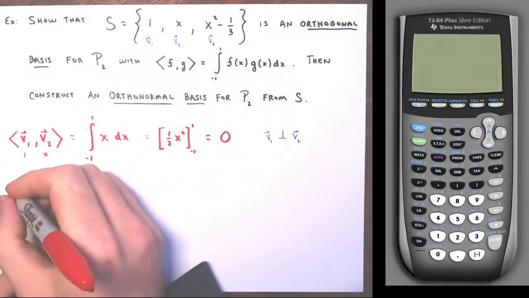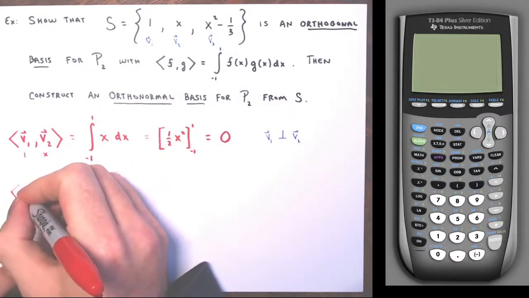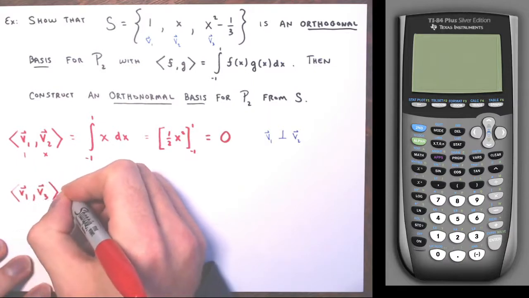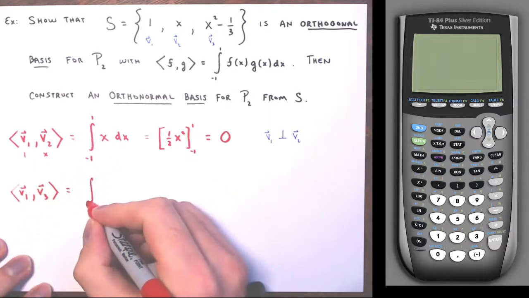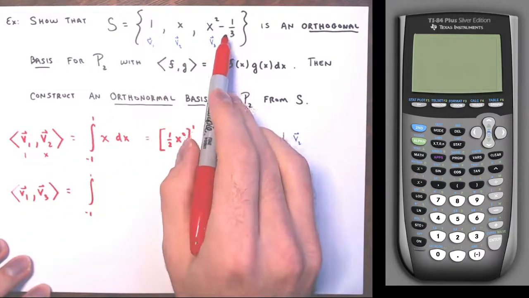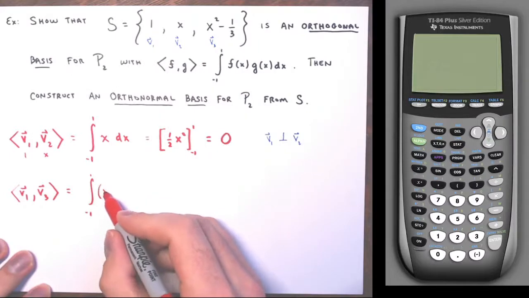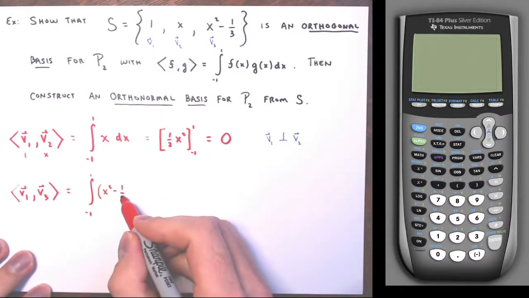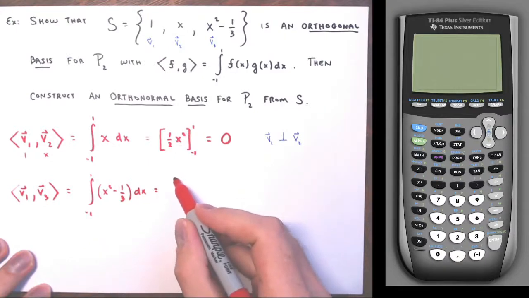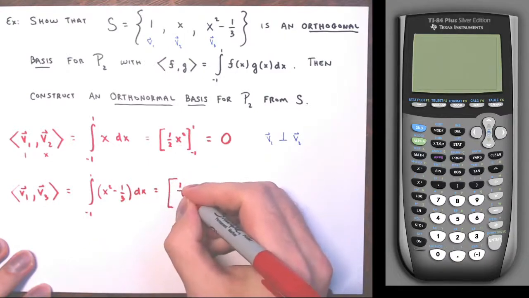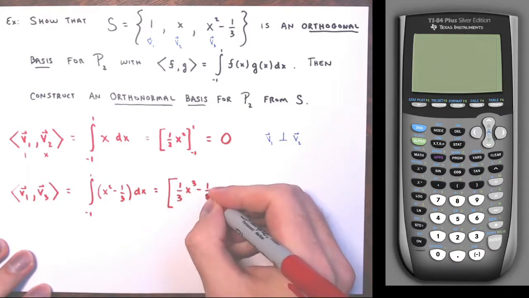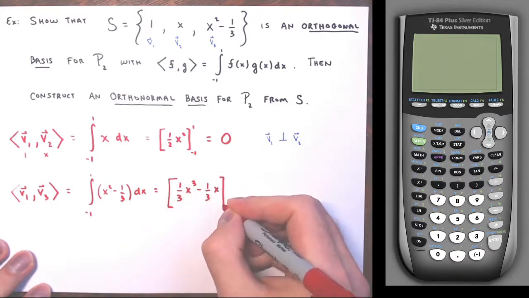Now how about V1 and V3? Again, this is the integral from -1 to 1 of 1 times x squared minus a third. So that's just x squared minus a third, with respect to x. The antiderivative is 1/3 x cubed minus 1/3 x, and we're going from -1 to 1.